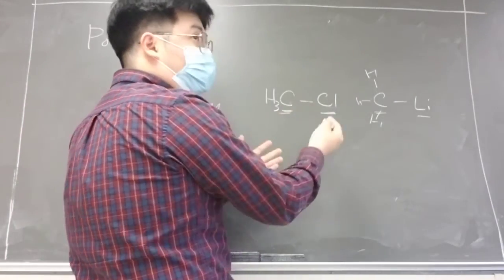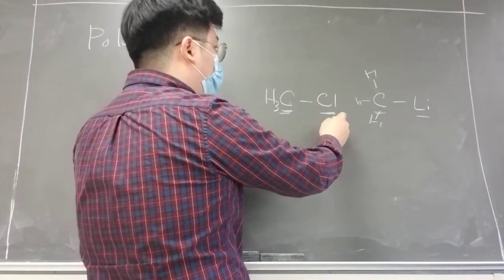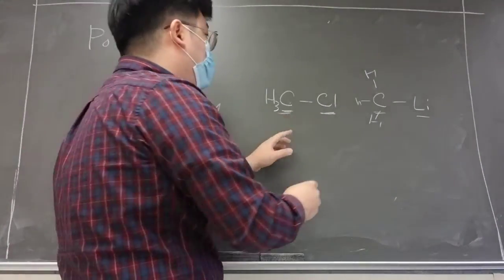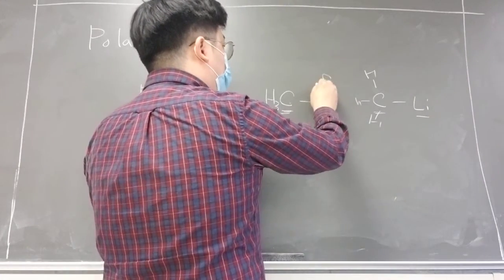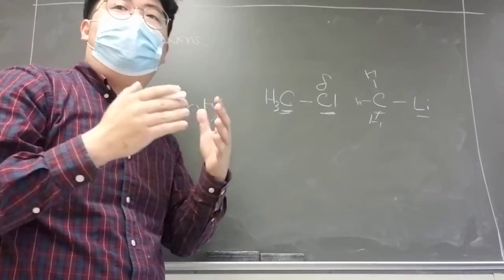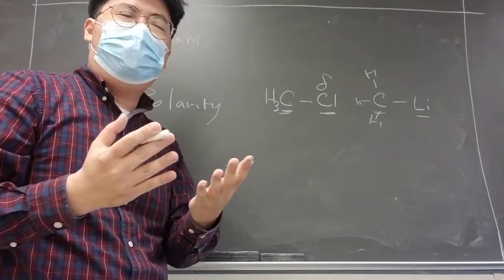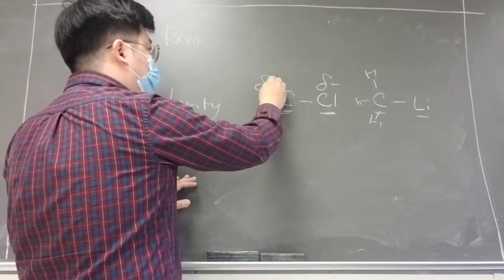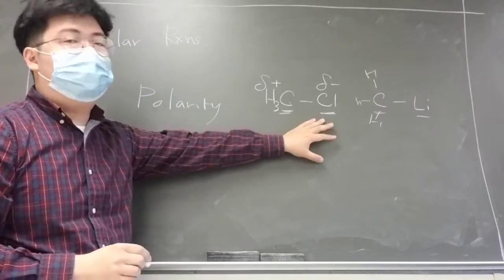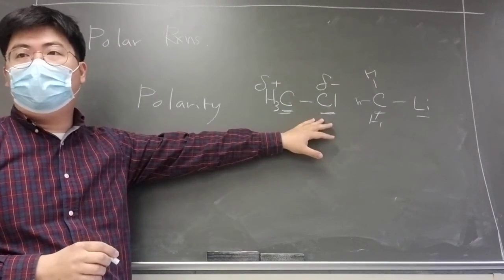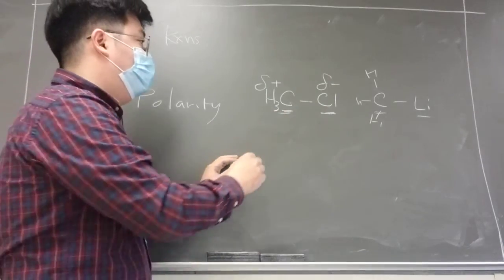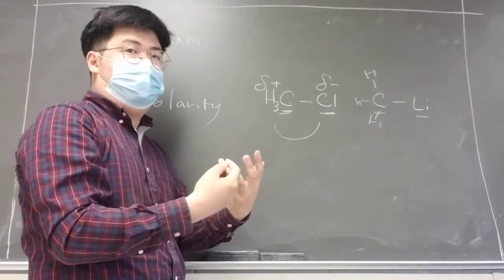So compared to those two elements in the periodic table, this is more electronegative than carbon. Then you can use the delta sign. The delta sign means very slightly, like very small. So delta negative and delta positive mean this part of your compound is slightly negative, and this is slightly positive. But once again, it's all about what? Relatively speaking.